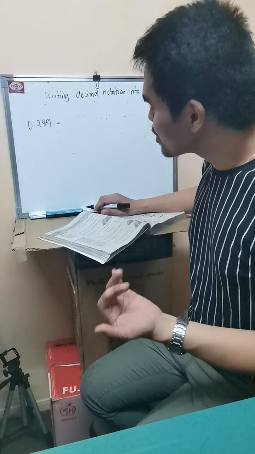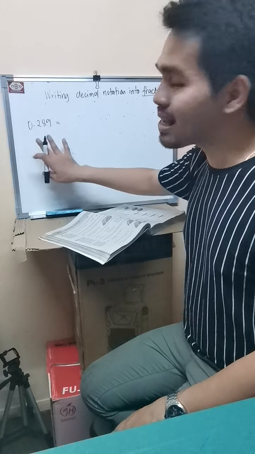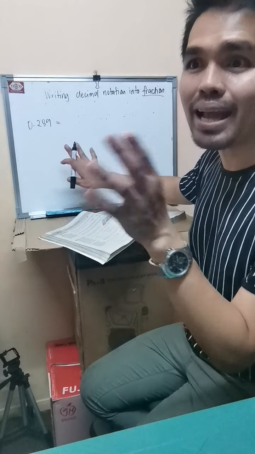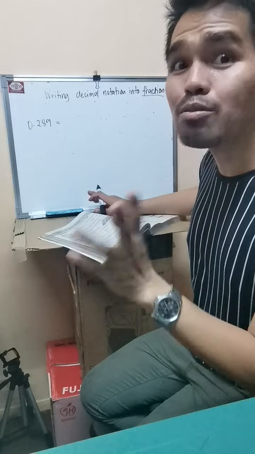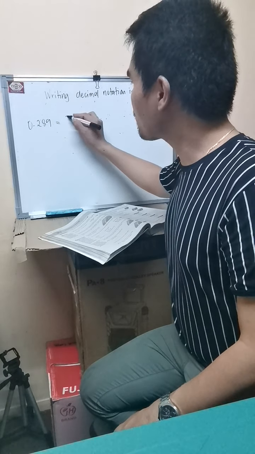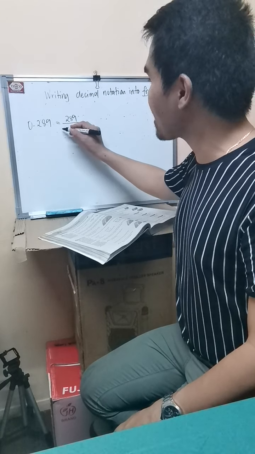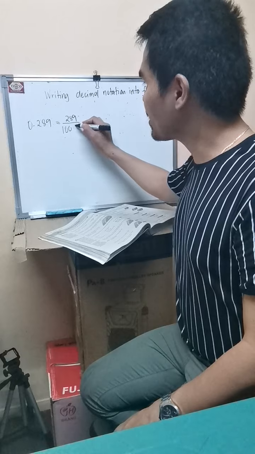So you get me? In this example, there are 3 numbers, 1, 2, 3. So, there are 3 zeros in the denominator, meaning to say until thousands place. So, this is going to be written in fraction form as 289 to be the numerator, and then the denominator is actually 1,000.